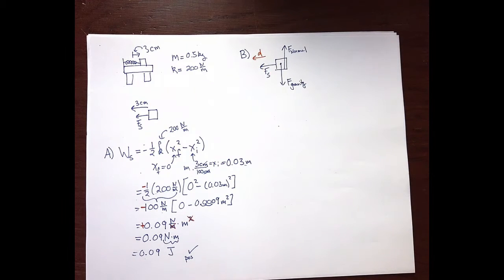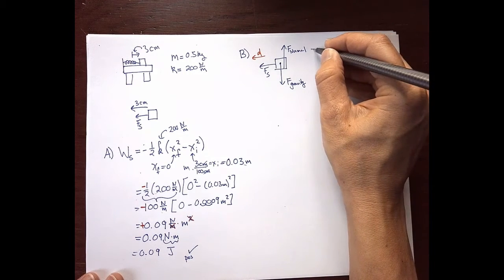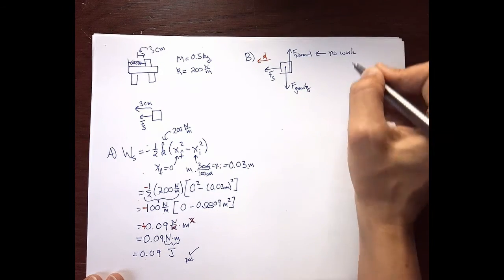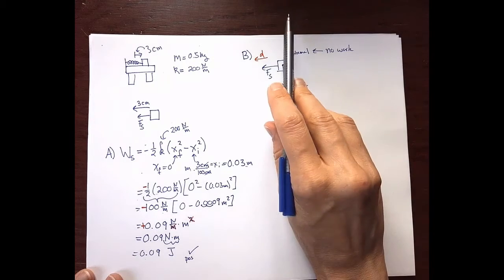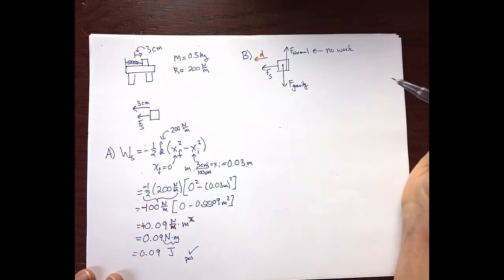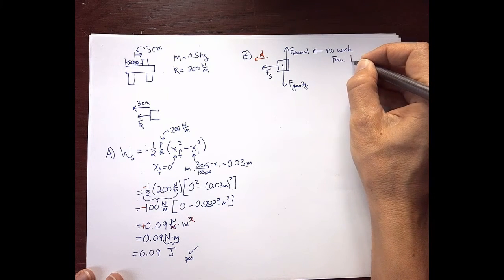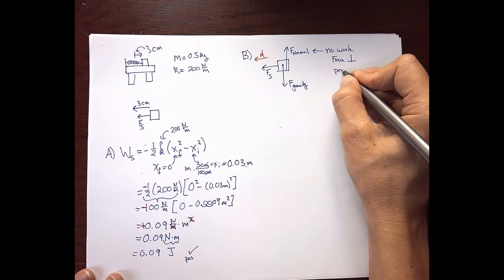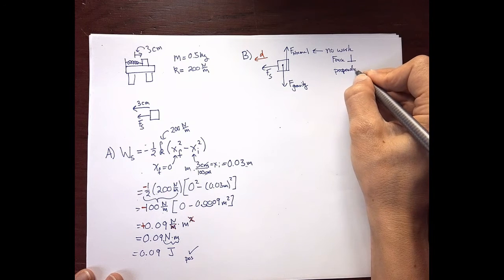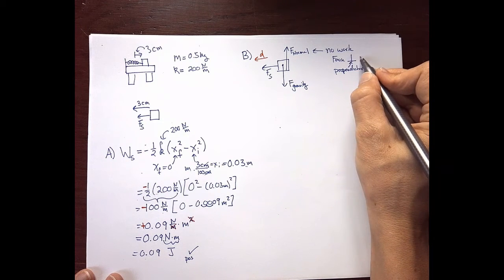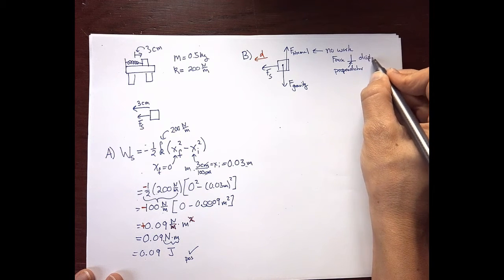So there's the displacement. And now looking at this, we can say, oh, that guy does no work because the normal force points up and the displacement is perpendicular to it. That is the little symbol for perpendicular to displacement.